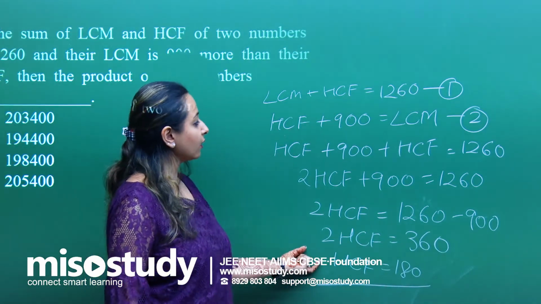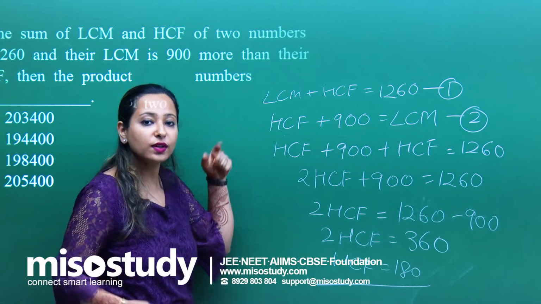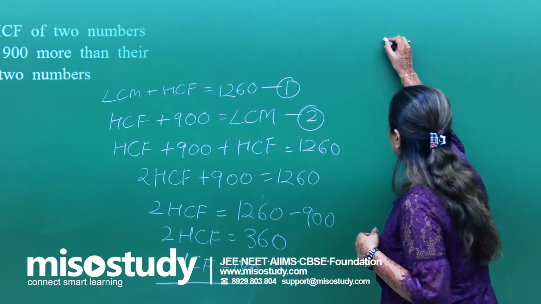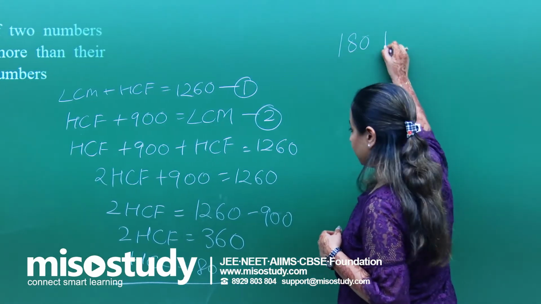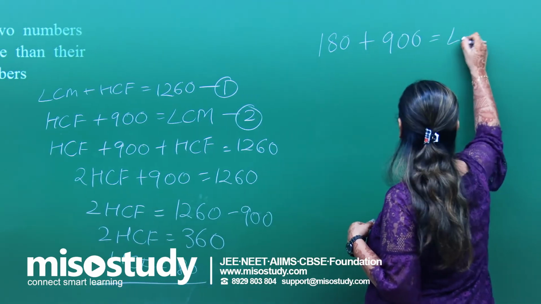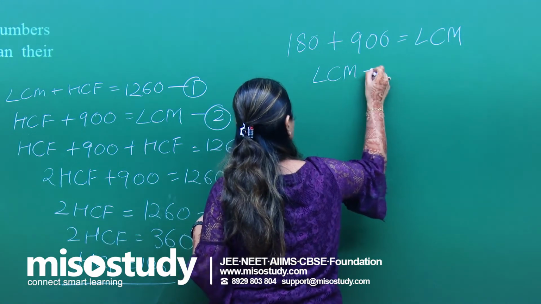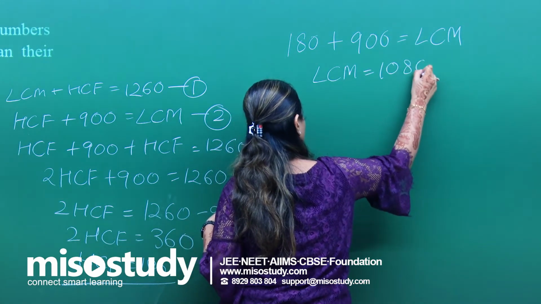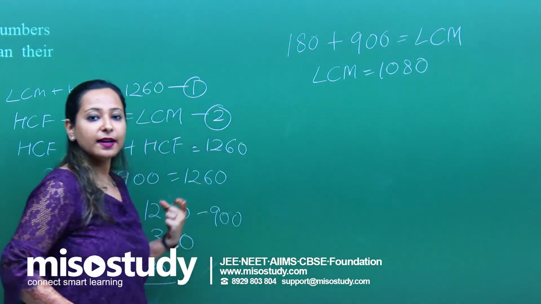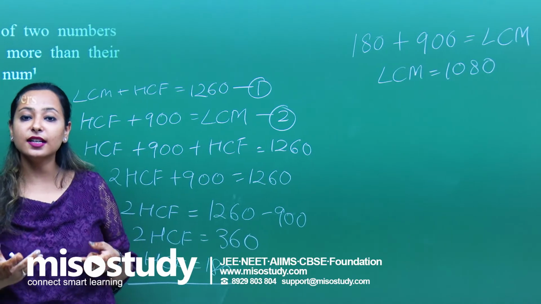Now since we have calculated HCF, let us substitute this value in equation number 2 to calculate LCM. So this is 180 plus 900 is equal to LCM. So LCM will be equal to 1080.